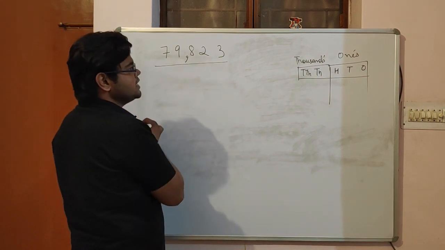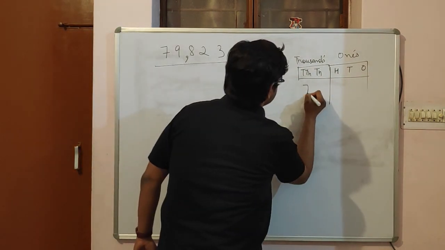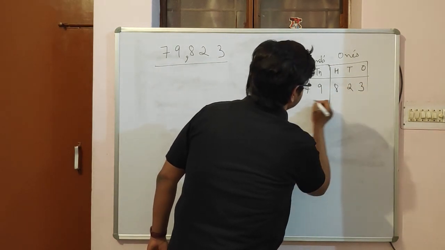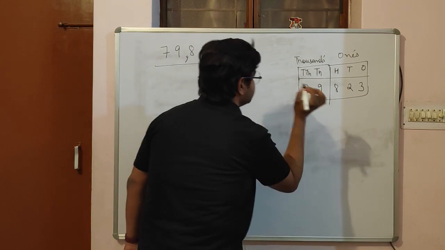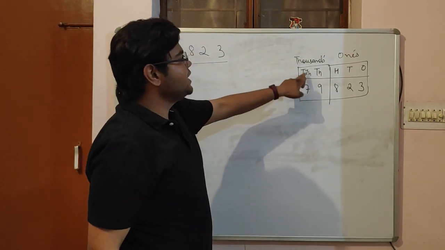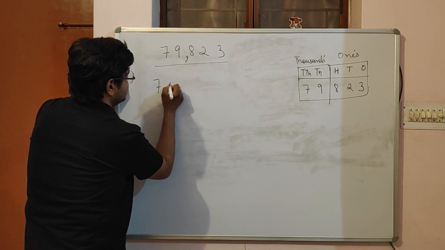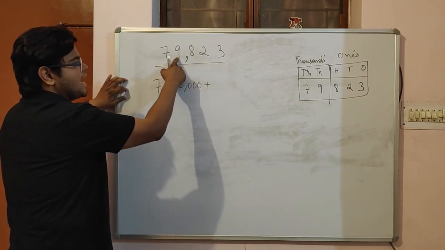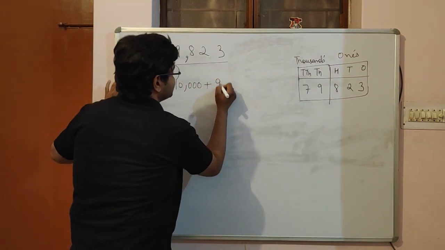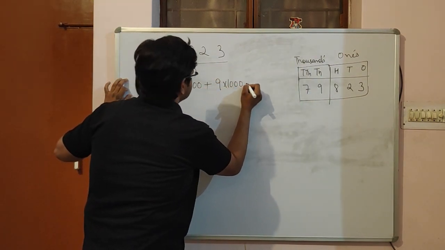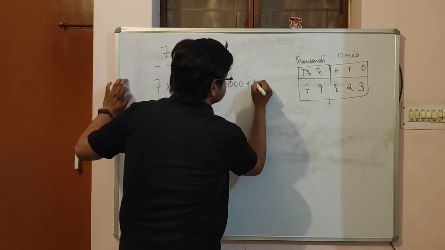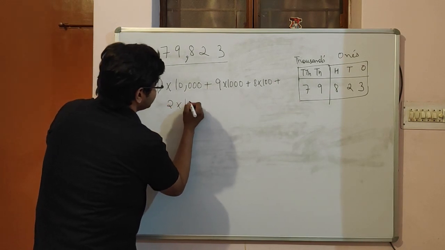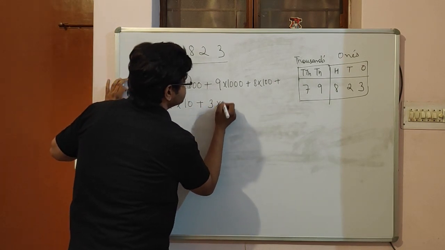If you want to write it in expanded form: 7 into 10,000 plus 9 into 1,000 plus 8 into 100 plus 2 into 10 plus 3 into 1.